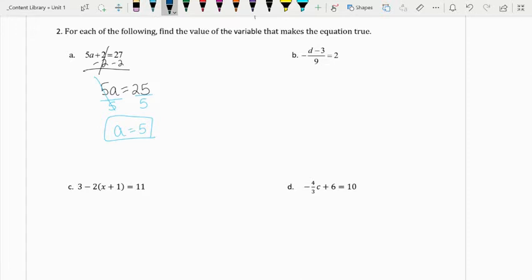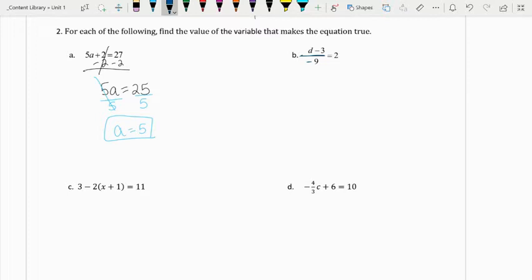In letter B, there's a negative out in front, and you can think of it as just a negative in general, or you can make it attached to either the numerator or denominator. In this case, I would be very careful if you attach it to the numerator, because you would have to change both signs, so a -d and a +3. So I encourage you to always tack it onto a solid number, or just keep it out in front.